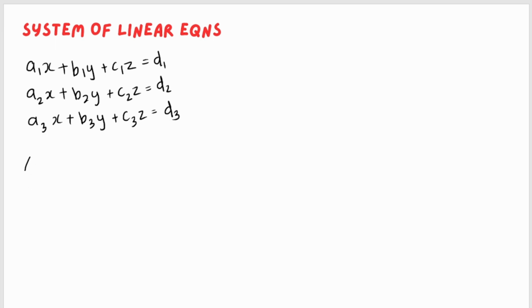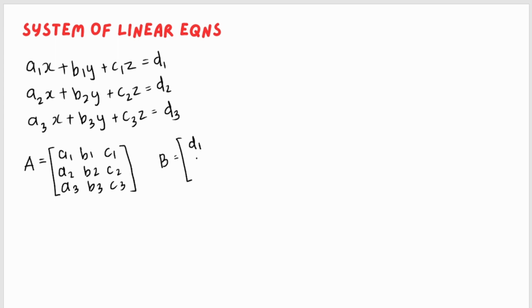Now we'll consider matrix A, which is the coefficient matrix, that is a1, a2, a3, b1, b2, b3, then you have c1, c2, c3. Then you have matrix B, that is d1, d2, d3. Then you have your X matrix, that is the unknown values x, y, z.